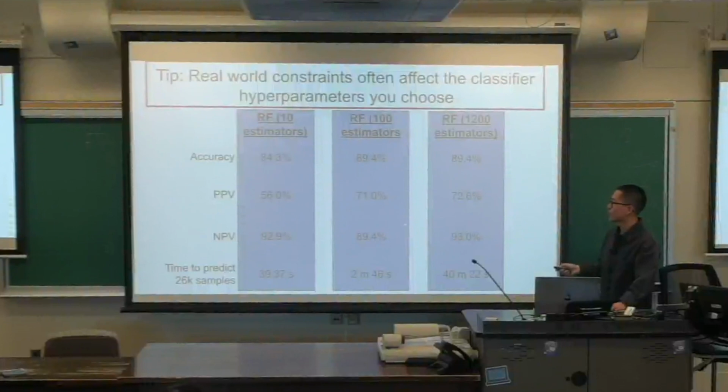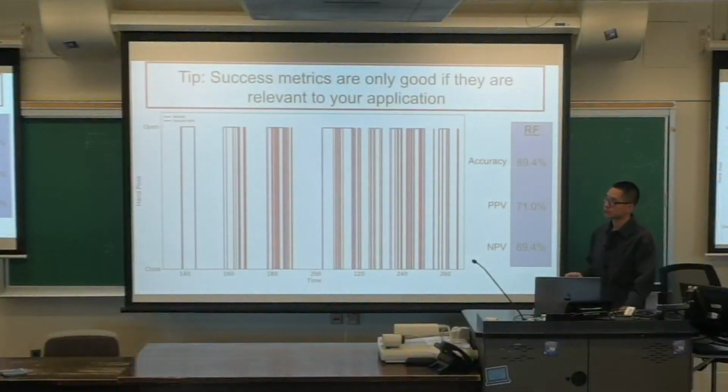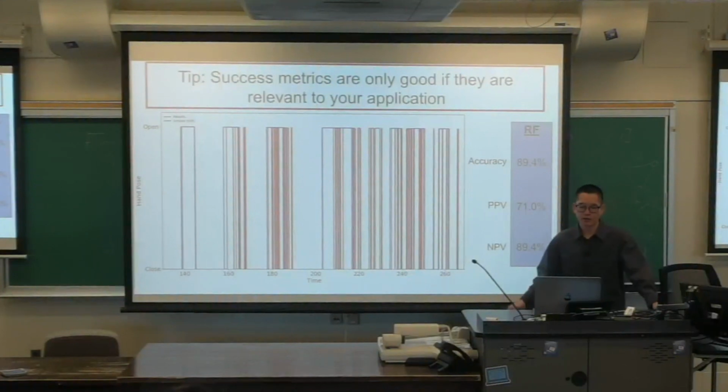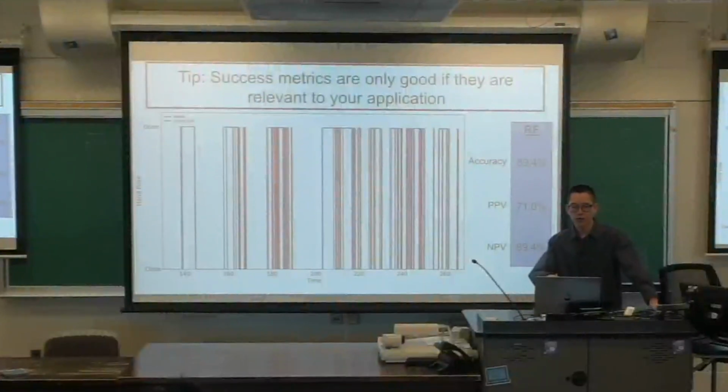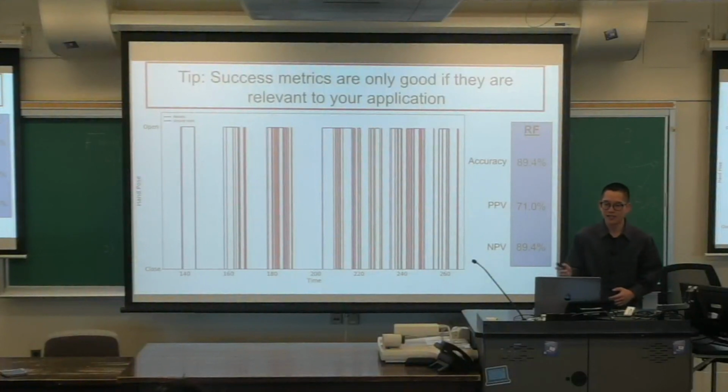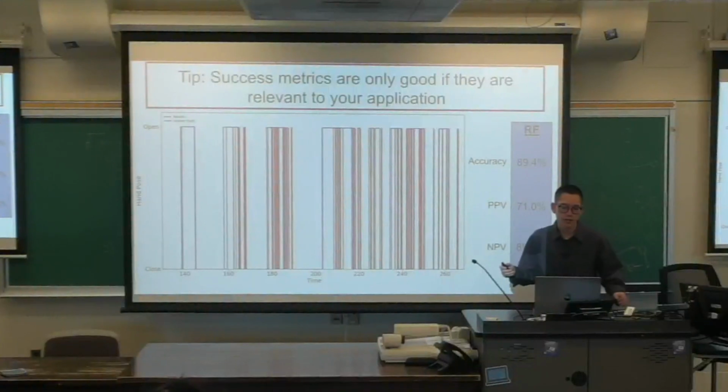So we decided to go with the configuration in the middle. But it turns out that this is not working at all. Even though we have 90% accuracy, when we plot the qualitative results, that's what's happening. Our prediction oscillates a lot. In this plot, the x-axis is time, the y-axis is the intent, the blue line is the ground truth, and the red line is the prediction.